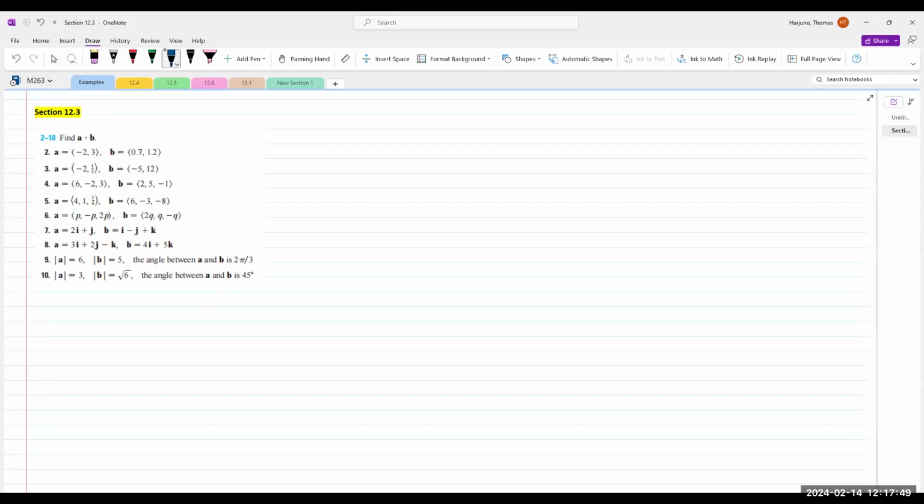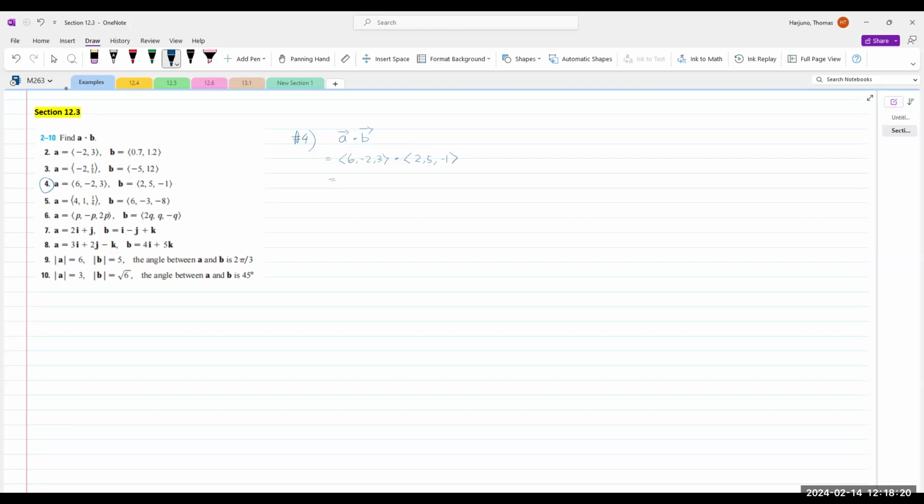In numbers 2 to 10, of course, I will not do all of them, especially because they are just a standard procedure. Find the dot product. So let's say I do number 4. Find the dot product of A and B, which is 6, -2, 3, dot 2, 5, -1.